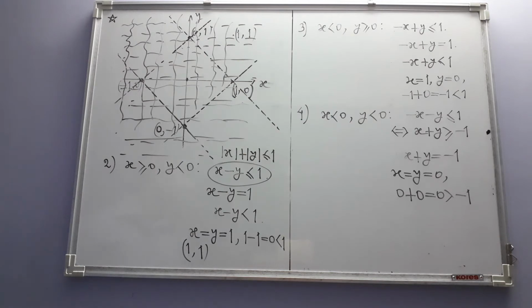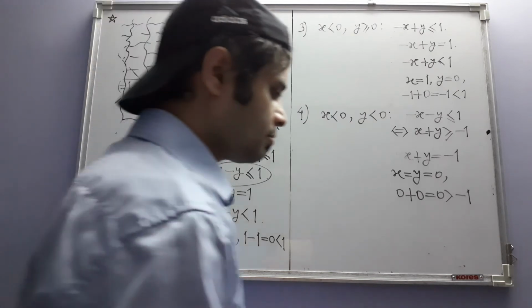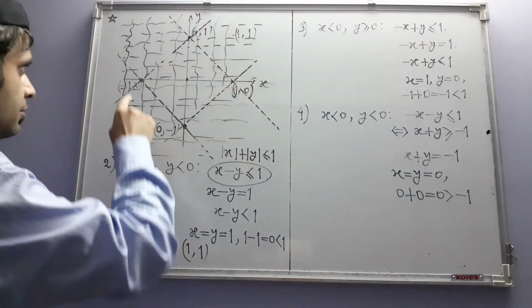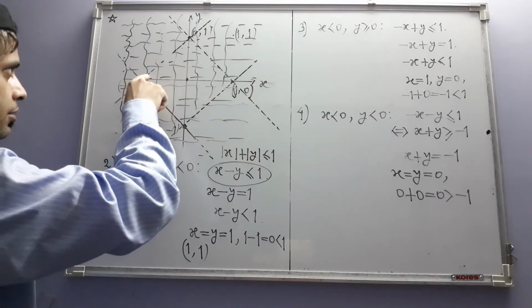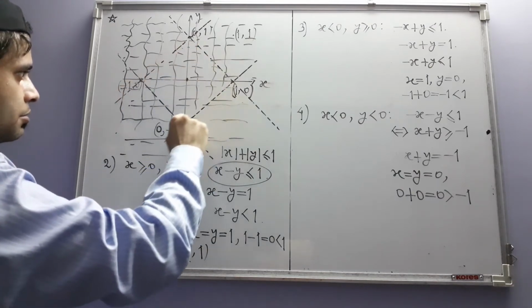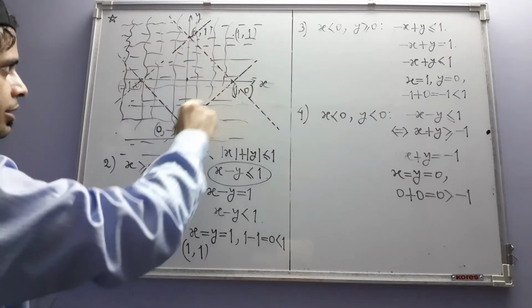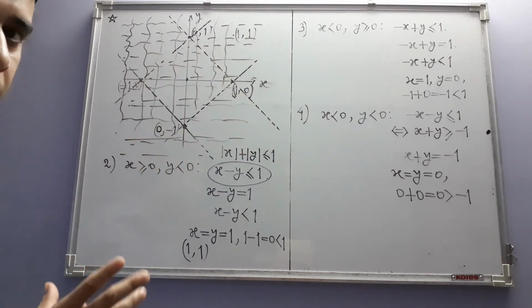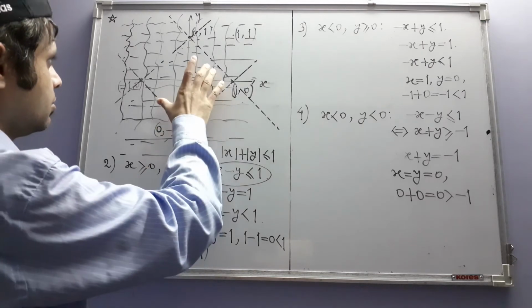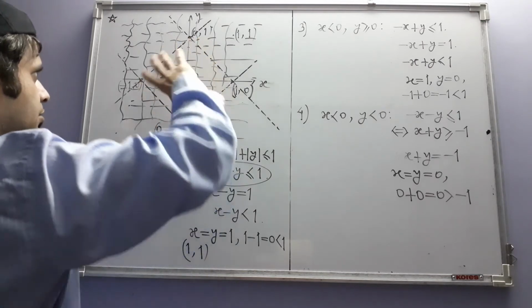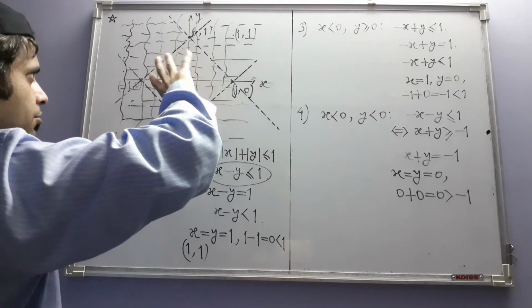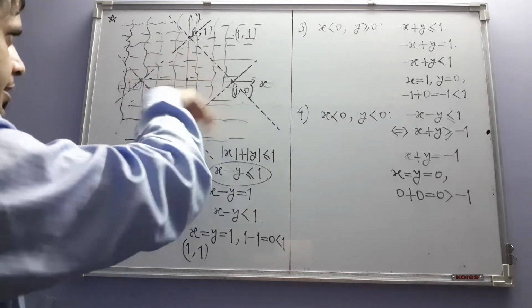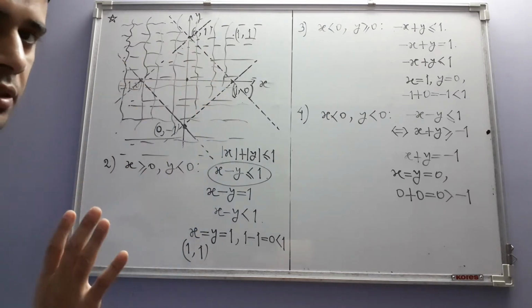So ultimately, what are we getting? We are getting the region that lies within this quadrilateral, which actually turns out to be a square, a square which is oriented as a diamond shaped region.